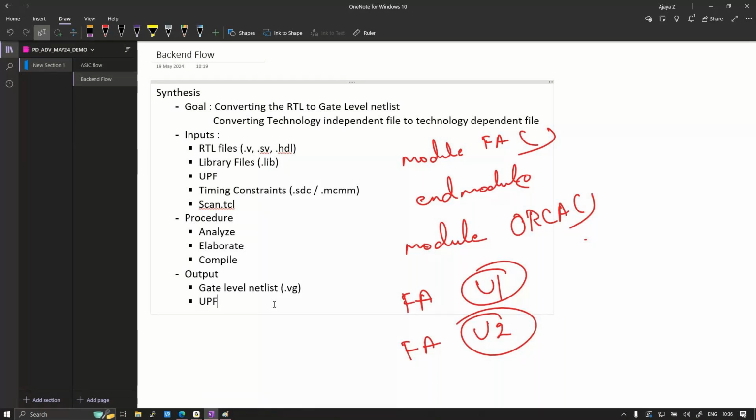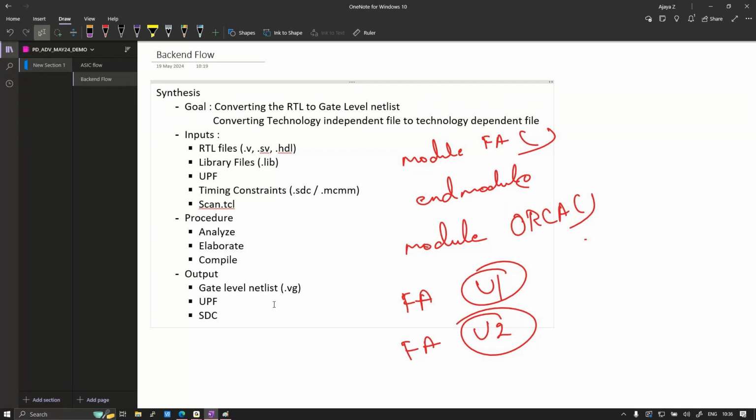Next, we will extract the SDC file, which will not be passed to the next stage. You will extract it, but it will not be passed to the physical design. Why? We will discuss that, but not now.